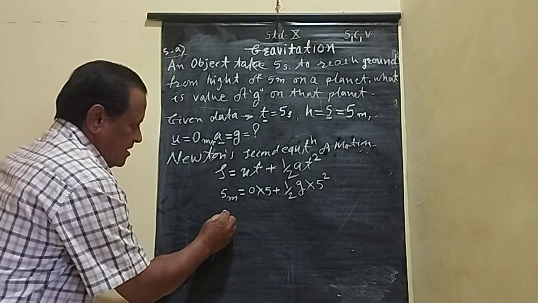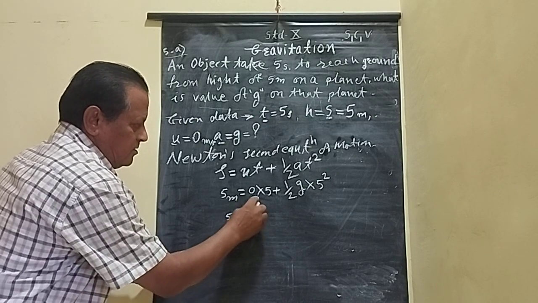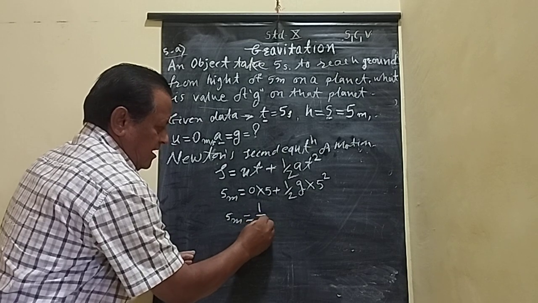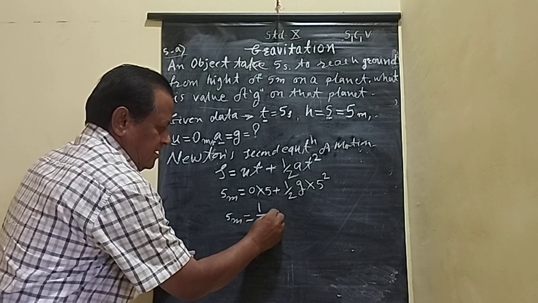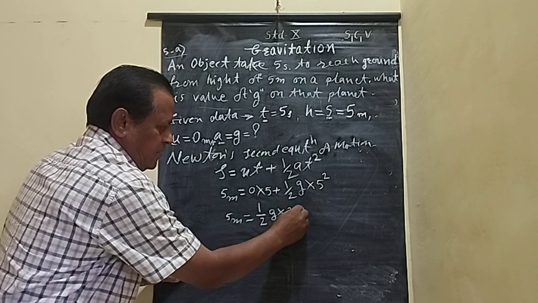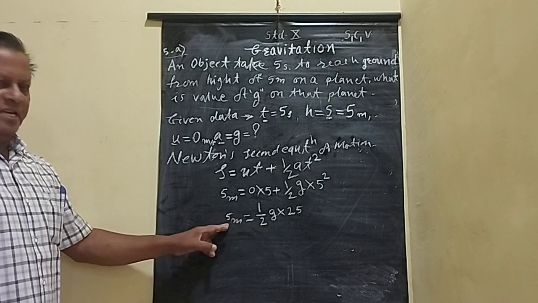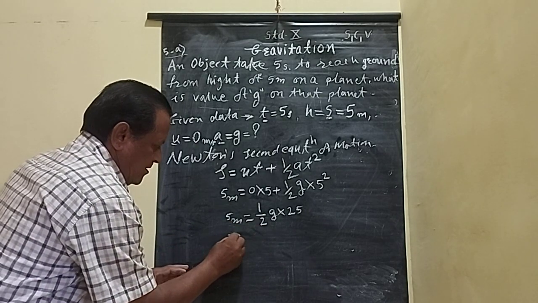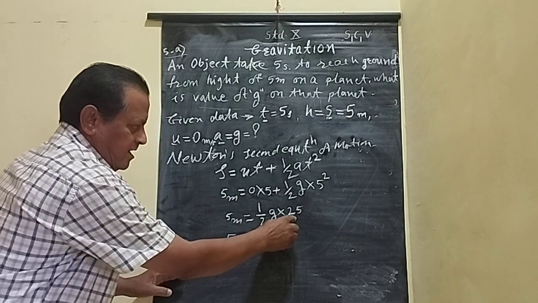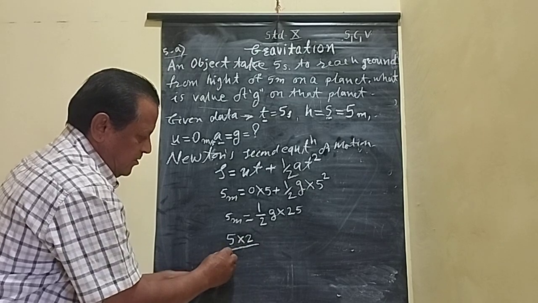Now here, 5 meter is equal to 0 into 5, which is 0. What remains here? Half g multiplied by 5 square, that is 25. So this half will be inverted here: 5 multiplied by 2, and this 25 will be inverted here, upon 25.